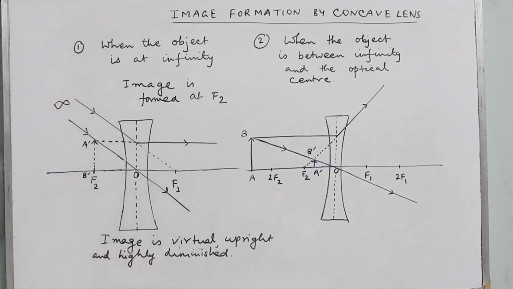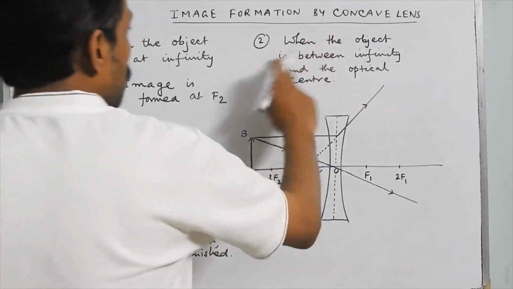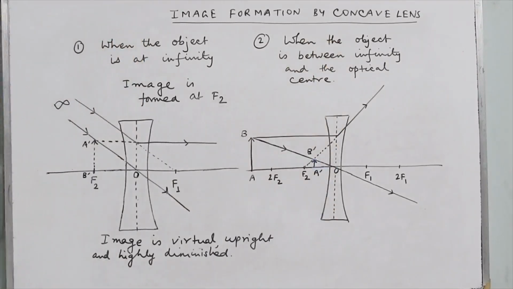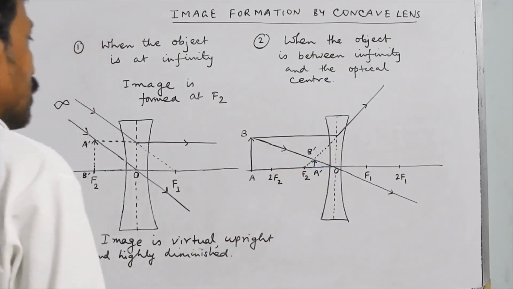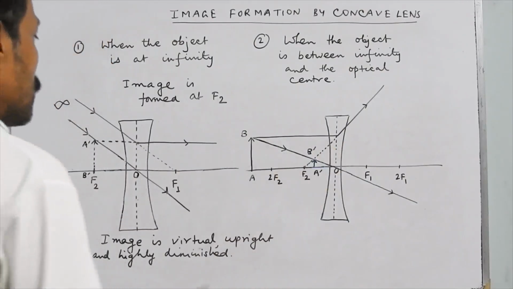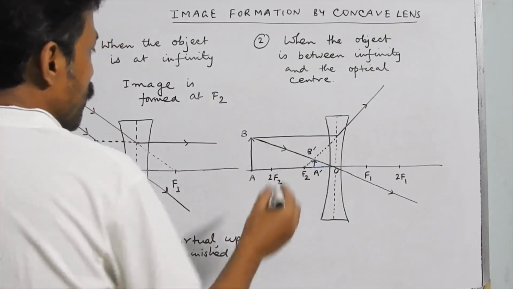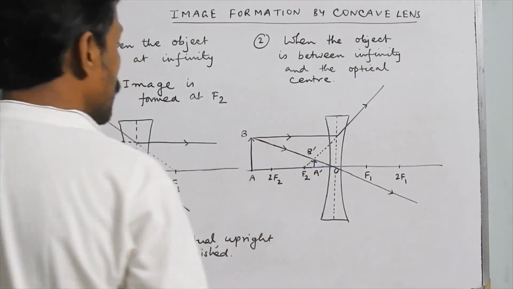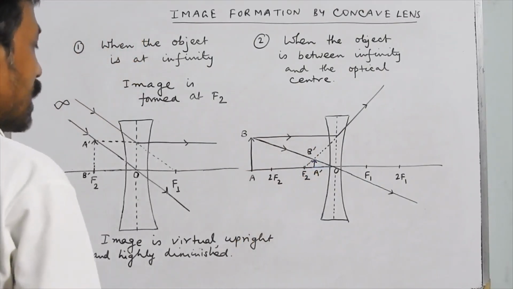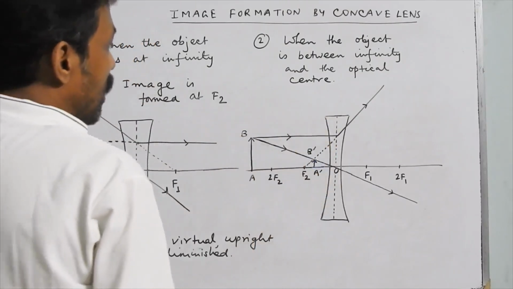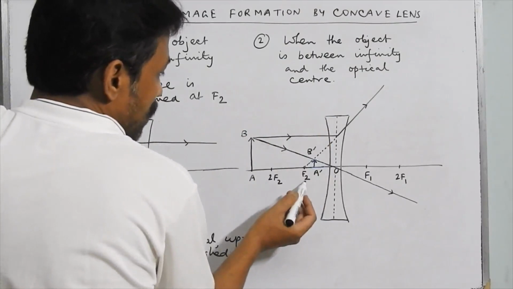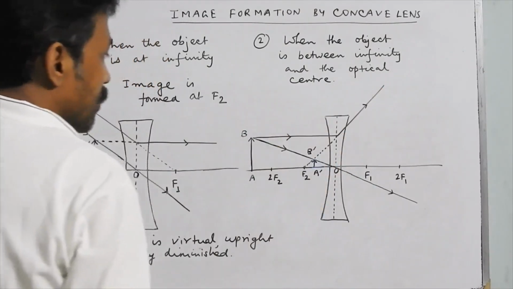And in the next case, the object is somewhere between infinity and the optical center of the concave lens. Suppose I have placed the object between 2f2, and we take two rays for drawing the ray diagram. A ray parallel to the principal axis, after refraction, will appear to diverge from the second principal focus.